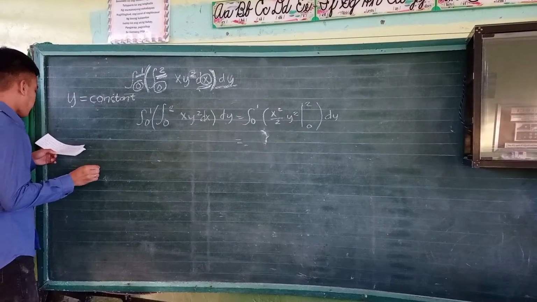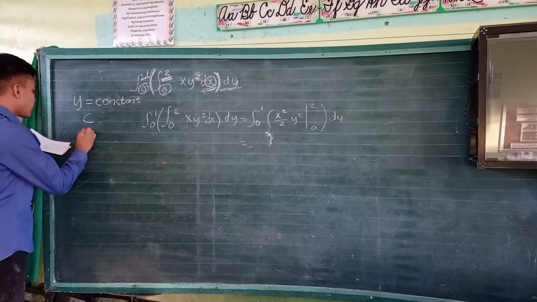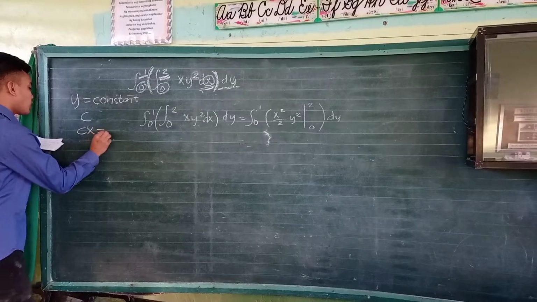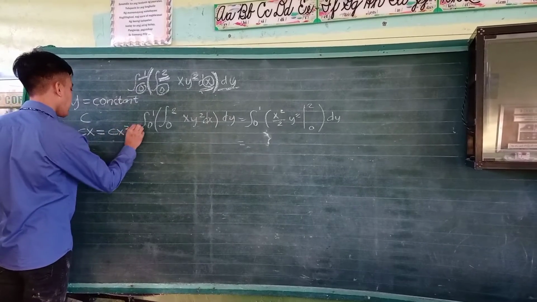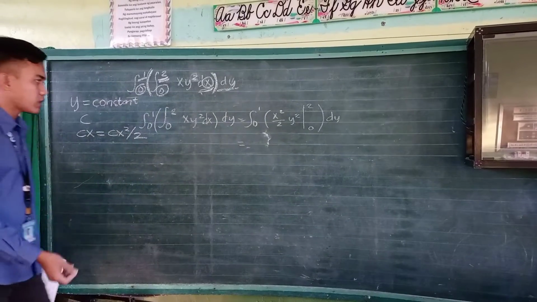During this integration step, since for any constant c, the integral of c x is equal to c x squared all over 2. So now, we are going to calculate.